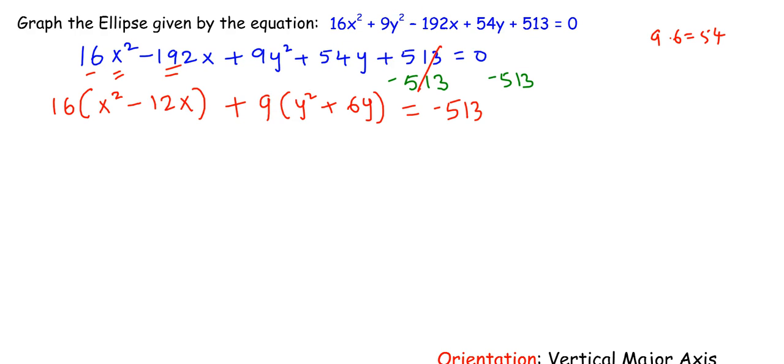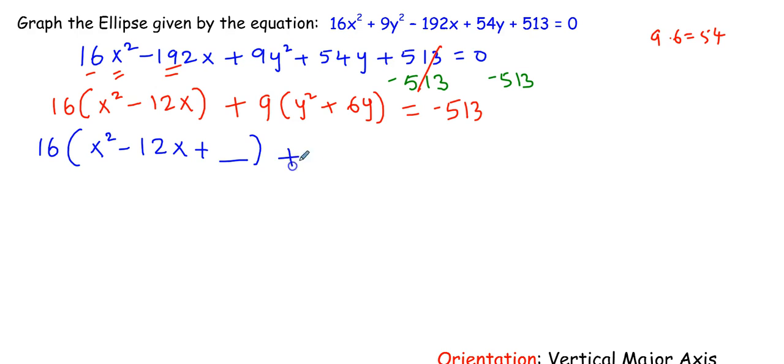Okay, now in the next step, I'll write here 16 times x square minus 12x plus something we have to add here so that this whole expression becomes a perfect square. So I'm leaving it a blank.